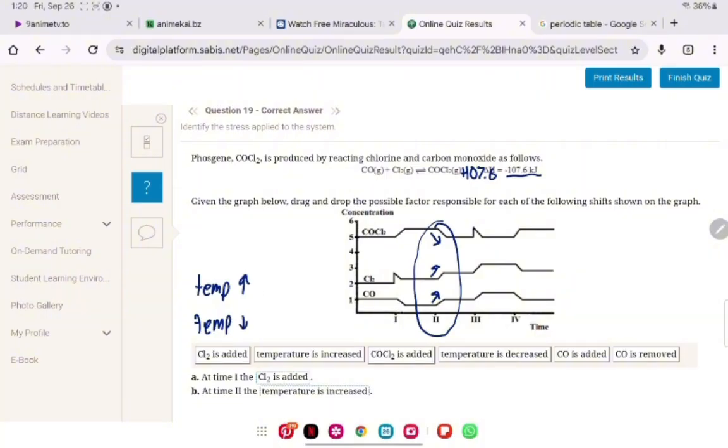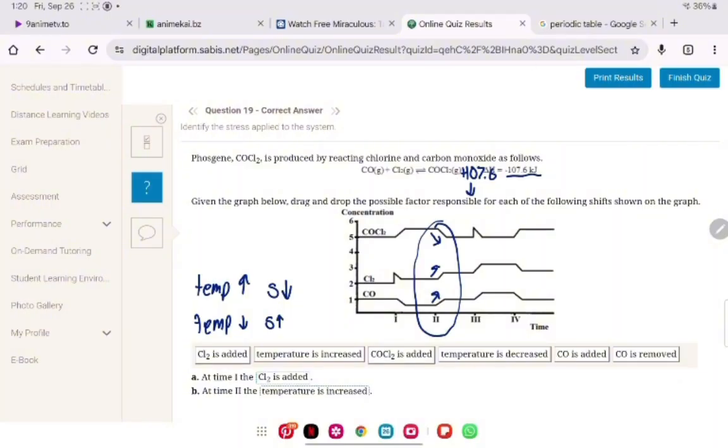Okay, if temperature increased, the system will try to decrease it. So if they want to decrease the temperature, they're gonna move backward. So COCl2 will increase and COCl2 will decrease. So this is basically what the graph is. But let's say we did temperature decrease, the system would try to increase the temperature.